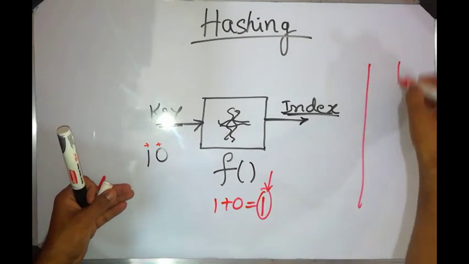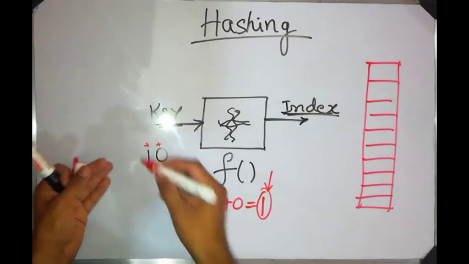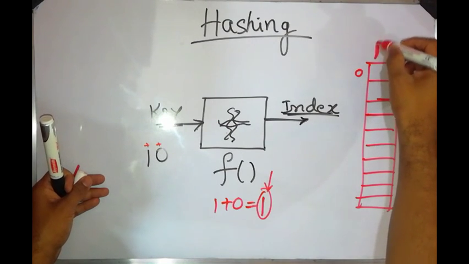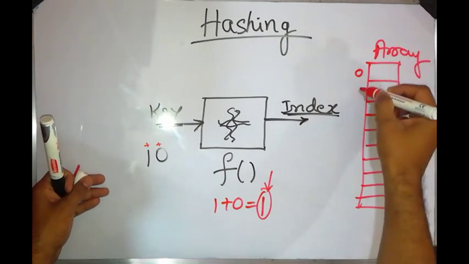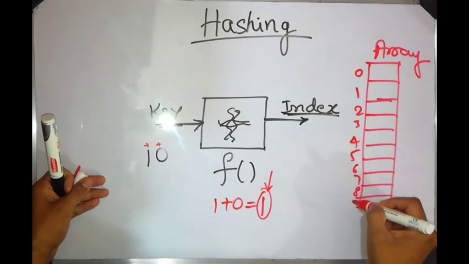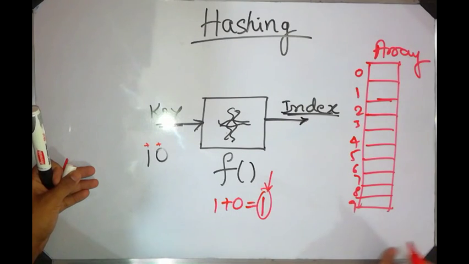If you have an array where you have to store all these keys, then this is the array where you want to store, and these are the indices, right? The size of this array is 10.